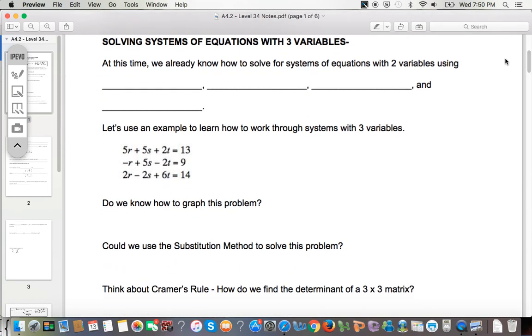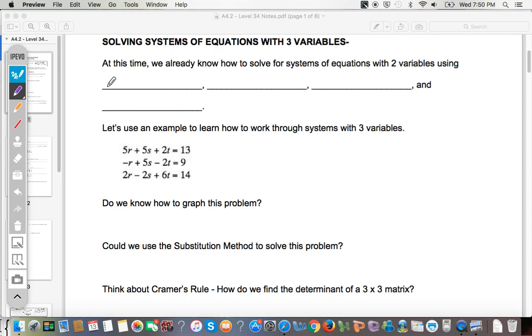Okay, so solving systems of equations with 3 variables. At this time, we already know how to solve systems of equations with 2 variables using graphing, substitution, elimination, and everyone's favorite, Cramer's rule.